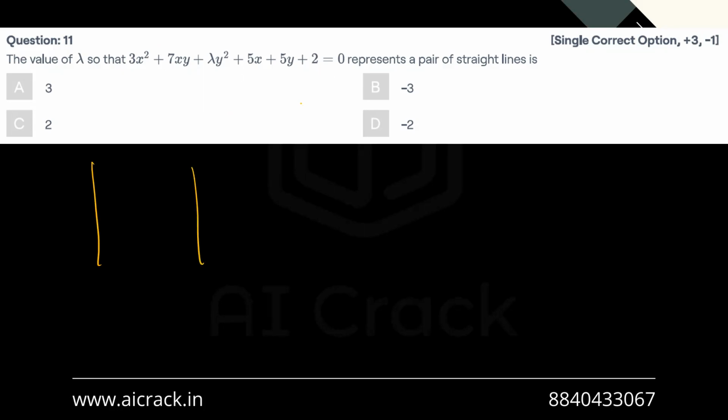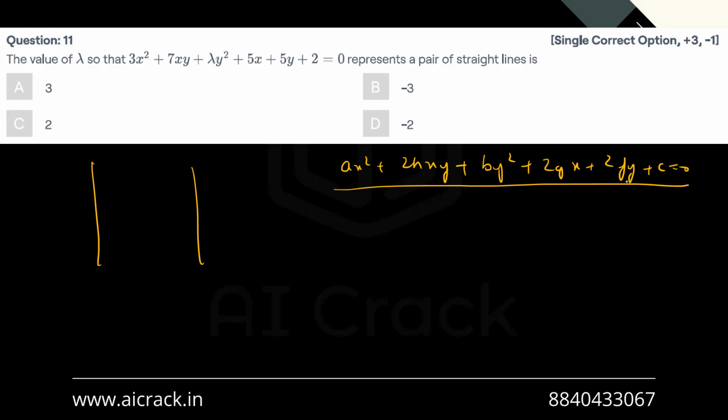So first of all, let's write the general 2-degree equation. So we have ax square plus 2hxy plus by square plus 2gx plus 2fy plus c equals to 0. So this is the general 2-degree equation. And if this equation has to represent a pair of straight lines, in that case, we have to satisfy a determinant.